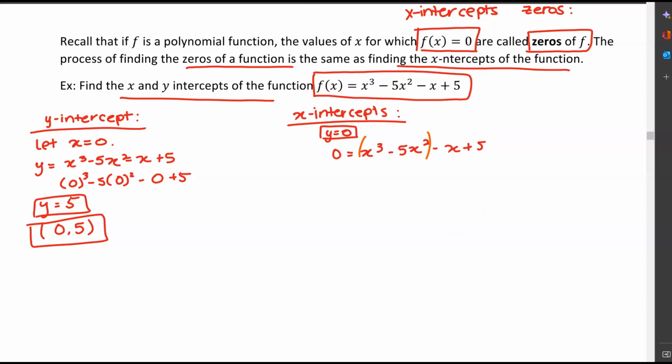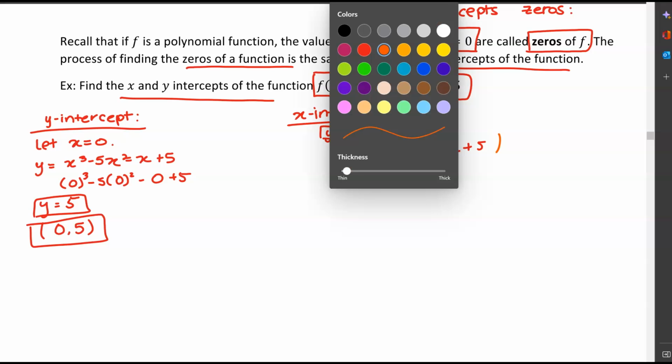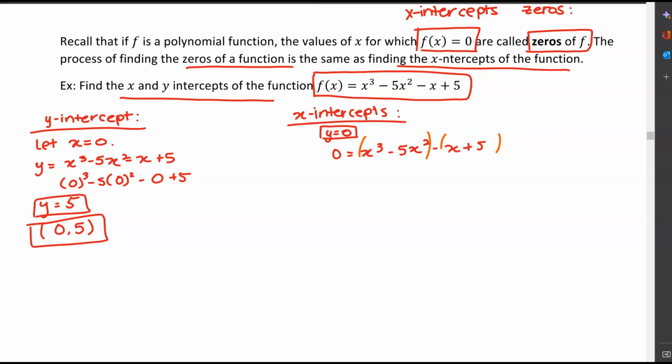So let's group these two together and these two together. x cubed and negative 5x squared have an x squared in common, so we'll have x minus 5. And then here we're just going to pull out a negative 1, and then I'll have x minus 5. Now I have an x minus 5 and an x minus 5 in common. So we're going to pull that out, x minus 5, and I'm left with x squared minus 1.